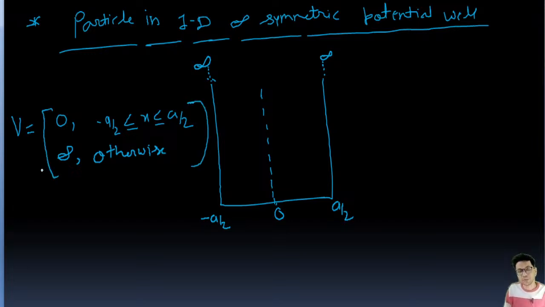V is 0 if x is between minus a by 2 and a by 2, and infinite otherwise. This is the value of V, for a particle in a 1D infinite symmetric potential like this.